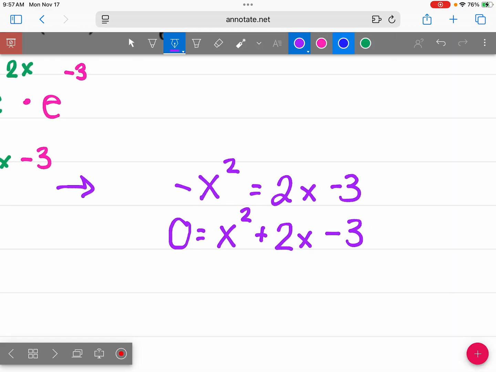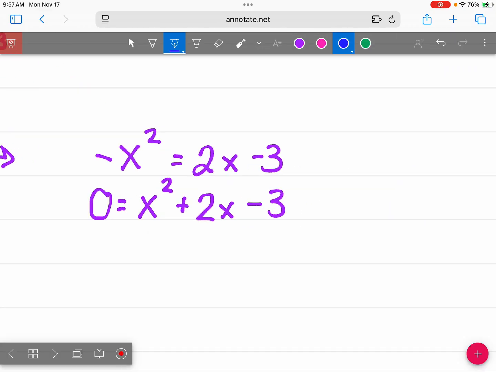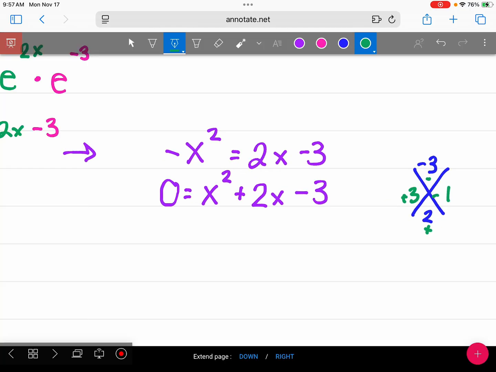Our a value is 1, so we can take our shortcut in factoring. We need to multiply to make -3, add to make +2. -3 and +1 will not add to make a +2. -1 and +3 will multiply to make that -3 and add to be +2.